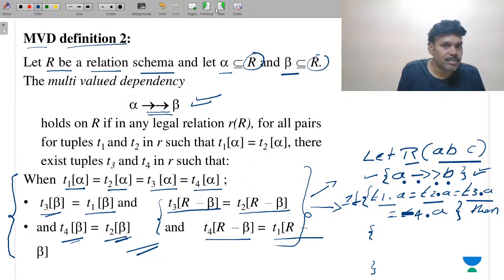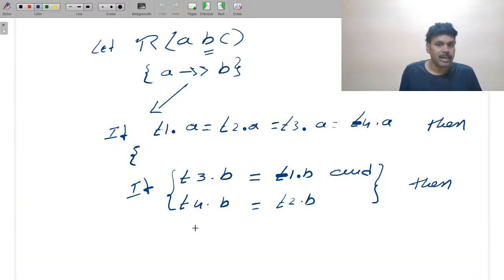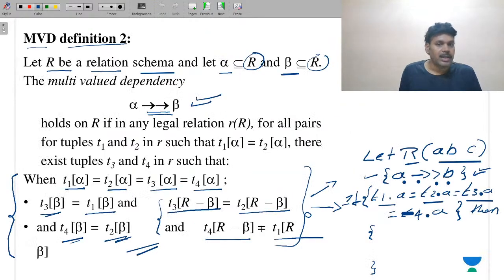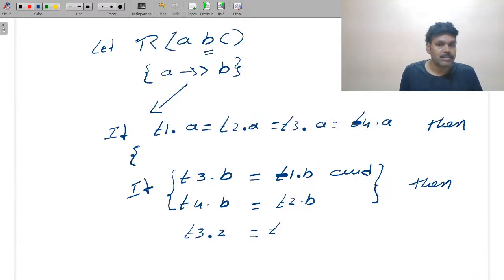What is that? T3 dot Z is equal to T2 dot Z. What is Z? I will explain, wait.